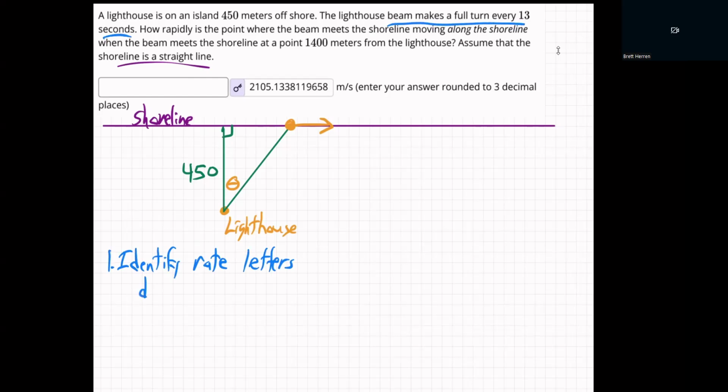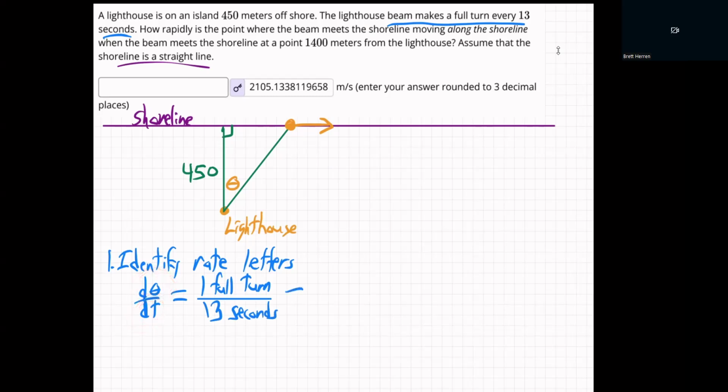So that's d theta dt. That's how fast the angle changes over time. That's one full turn every 13 seconds. Right? That's the change in angle over time.